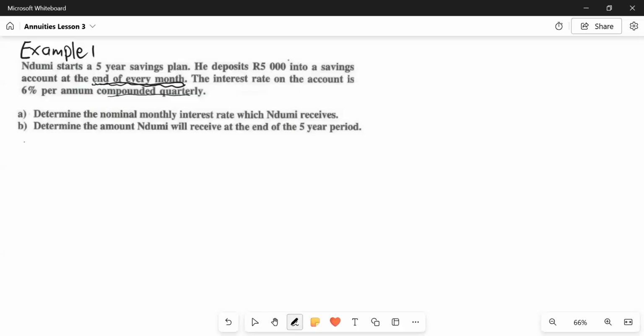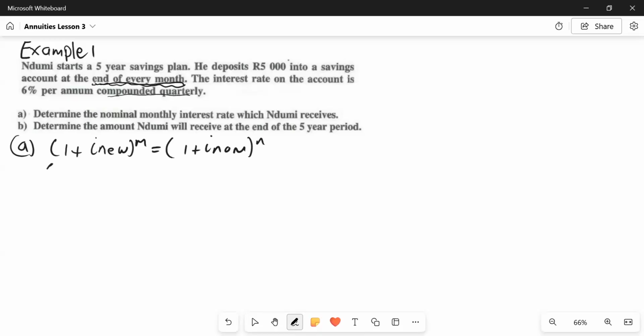So for A, we have the formula 1 plus i new, and then 1 plus i nominal, and then n.